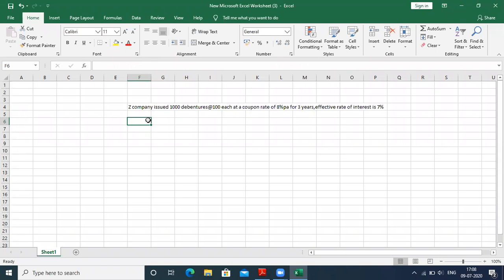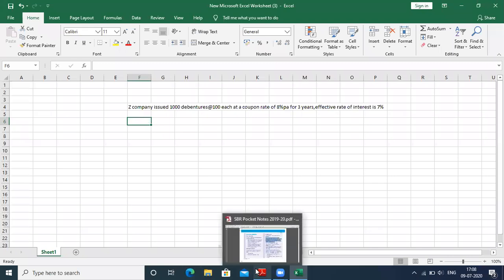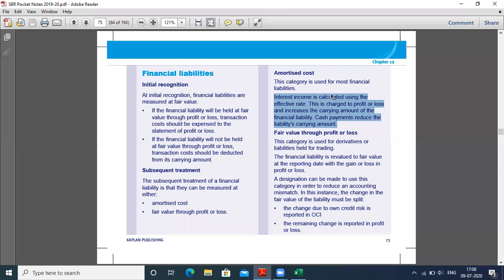Now, as per the amortization model, we need to calculate the interest on the effective rate of interest. Just look at the statement: interest is calculated using the effective rate, charged to profit or loss account, and increases the carrying amount.